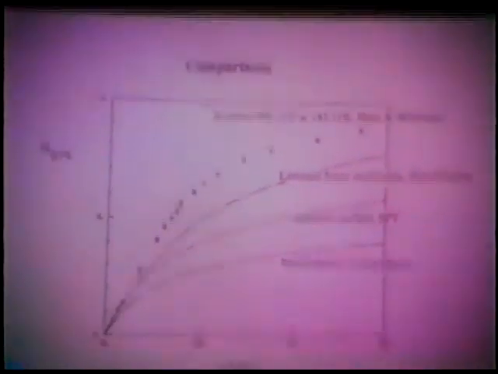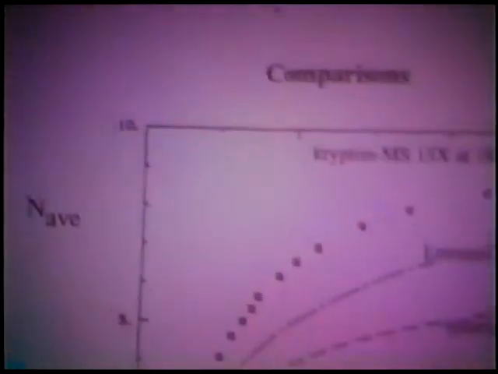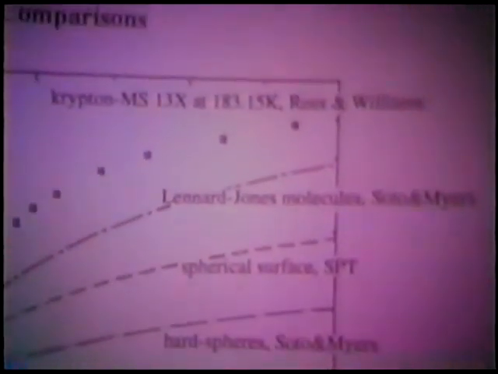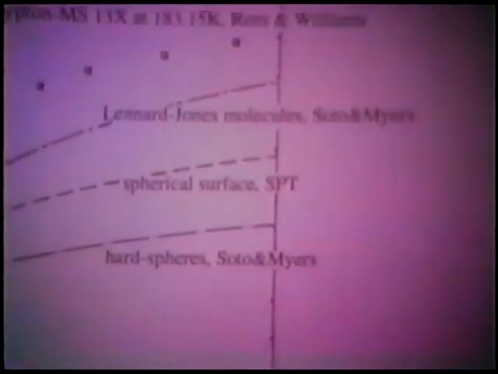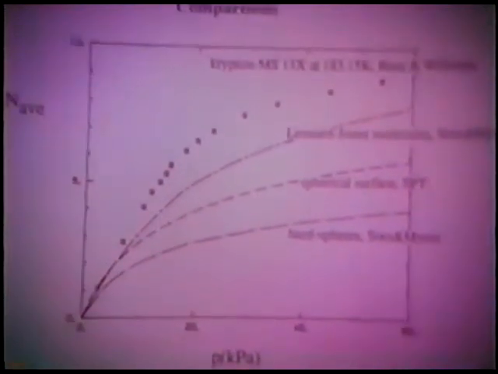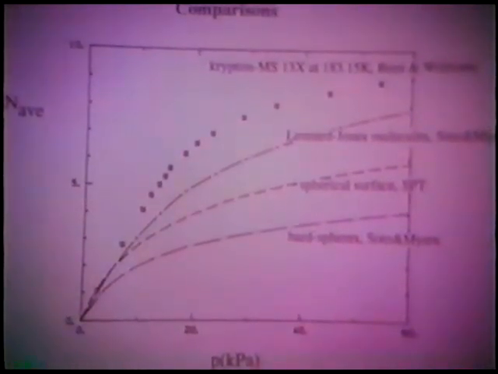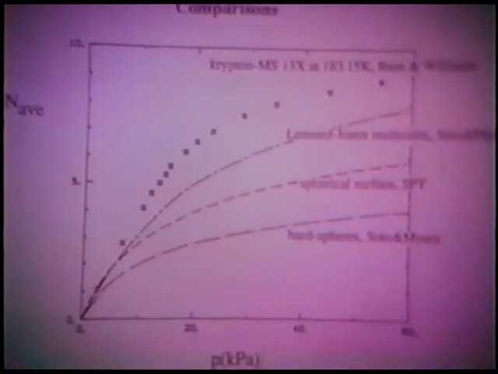Now, this is the slide I showed earlier with the spherical surface scale particle theory model included now in the calculations. And it turns out that the theory to this point is not that predictive, does not have very good predictive capabilities. But we see that the results fall right in between the simulations conducted by Soto and Myers for the hard sphere and Leonard-Jones molecules.